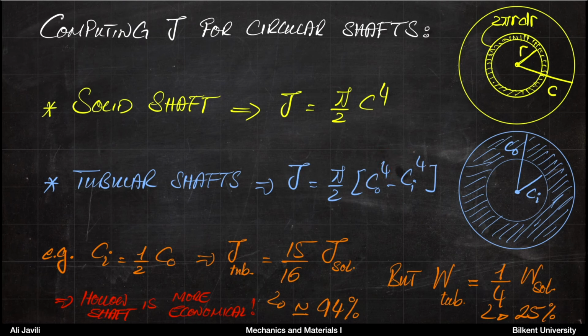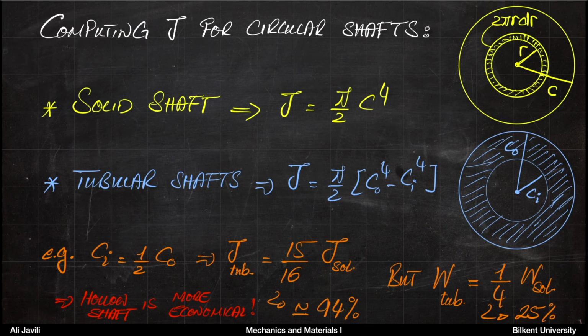Okay, so if Ci over Co is just half, that ratio to the power of 4 gives you 1 over 16. So basically that means if you use a hollow shaft with this dimension, you can recover up to almost 94% of the same J that you would get for a solid shaft.